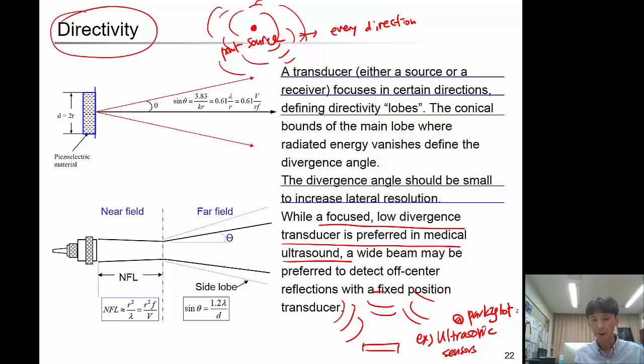It becomes green when the reflected wave arrives later, slower, because the distance is now longer. In that case, you don't know where the reflection will be bounced off, so off-center reflection or the wide beam or low directivity will be preferred.